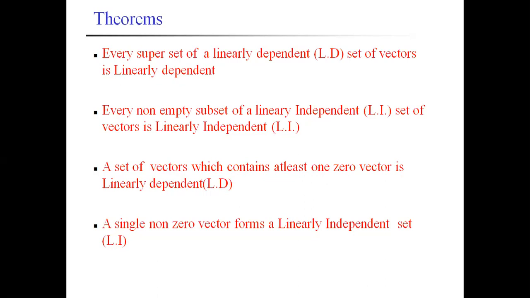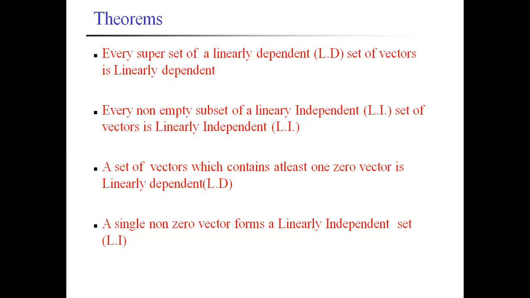Write the linear combination: c1 times 0 plus c2 times u2 plus c3 times u3, and so on, plus cn times un equals 0.